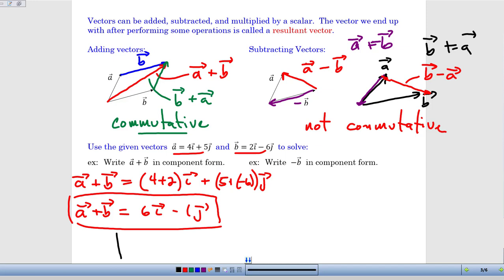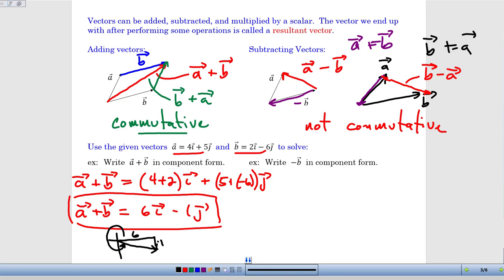So in this case, we won't go all the way through it, but we're going 6 in the horizontal direction, negative 1 in the vertical direction. So we'd end up with a vector that looks something like this. And so then we can use our inverse tangent to find the direction, but remembering that we're supposed to be measuring from the positive x-axis, and then use our Pythagorean theorem to find what the magnitude is.